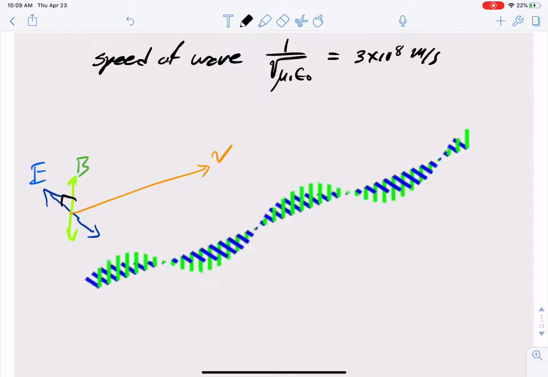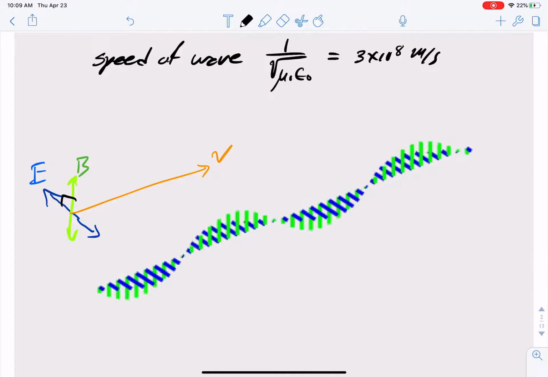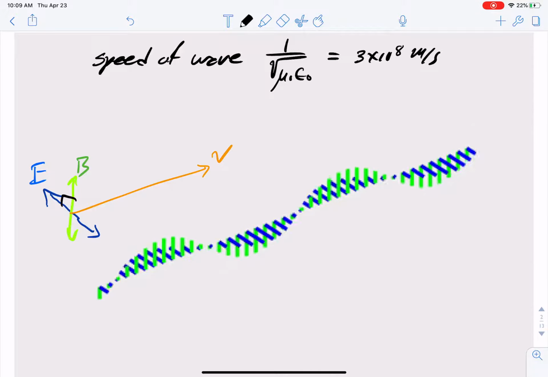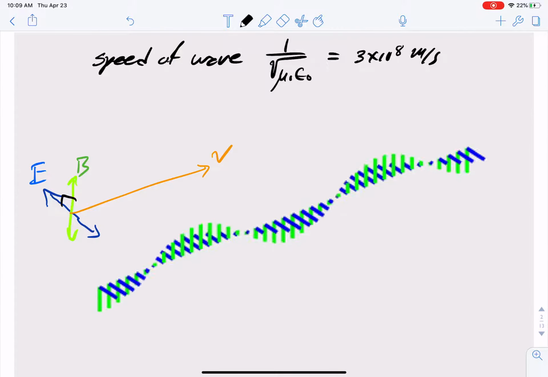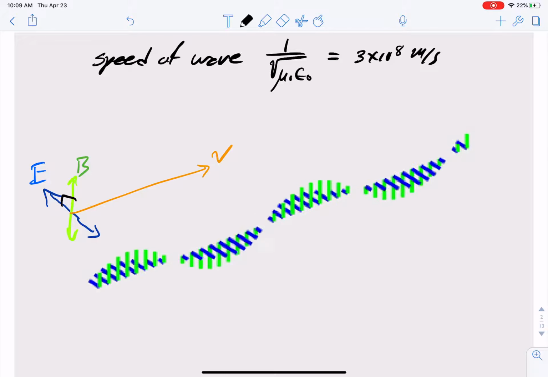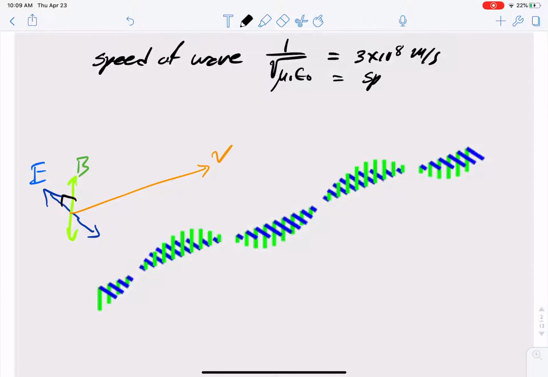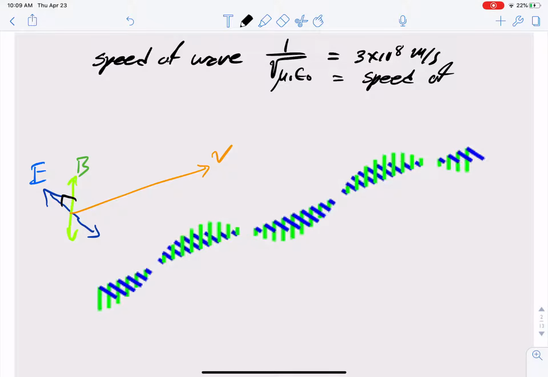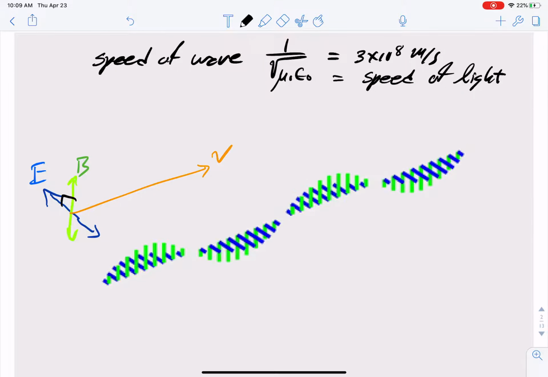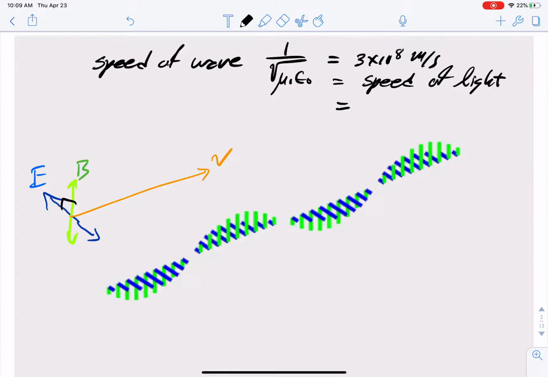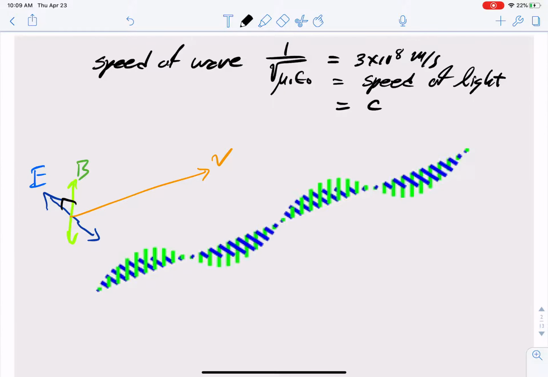This is approximate; it's known to very many decimal places. So 3 times 10 to the 8th meters per second, which is coincidentally the speed of light, which we use the symbol c to represent.